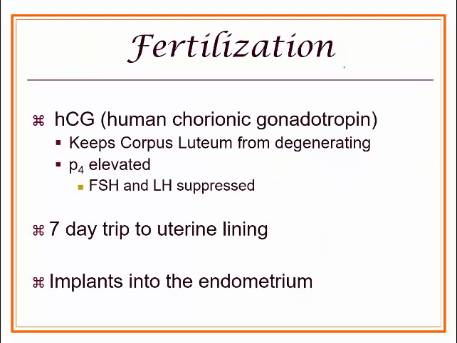Now, if a fertilized egg implants, we get secretion of human chorionic gonadotropin. The little h does mean human. And the reason that it has a little h in front of it is because chorionic gonadotropin wasn't originally discovered in humans. So this is designated that it's coming from human physiology.